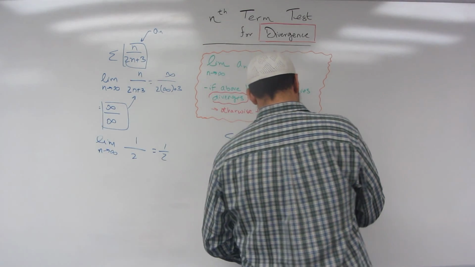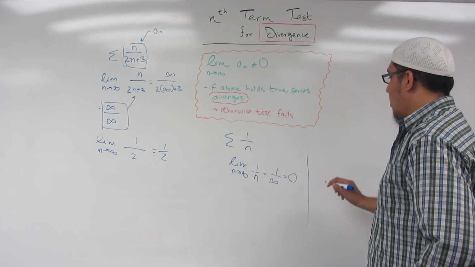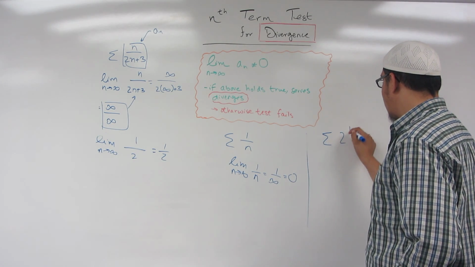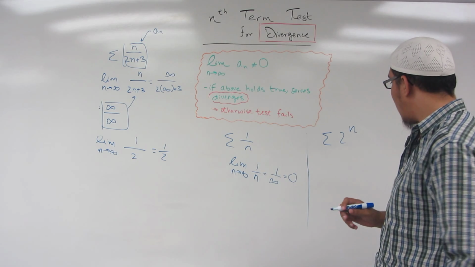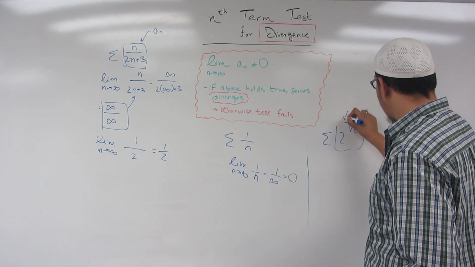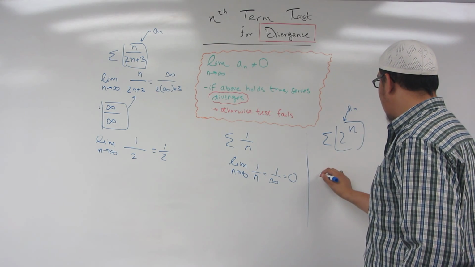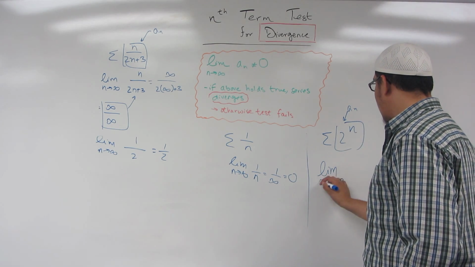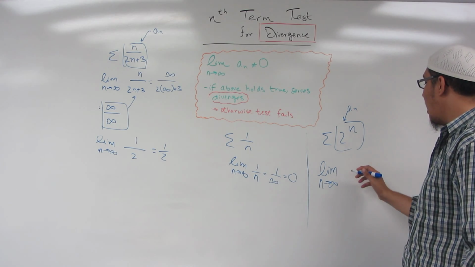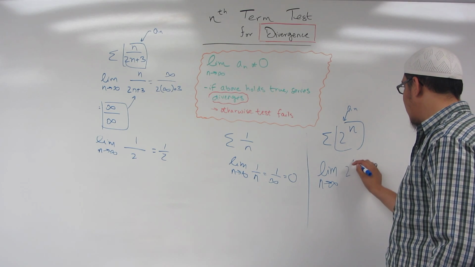I'll come on this side. Okay. The sum of 2 to the n. All right? Now, first step, this is our a sub n. So we take the limit as n approaches infinity of a sub n, so 2 to the n.